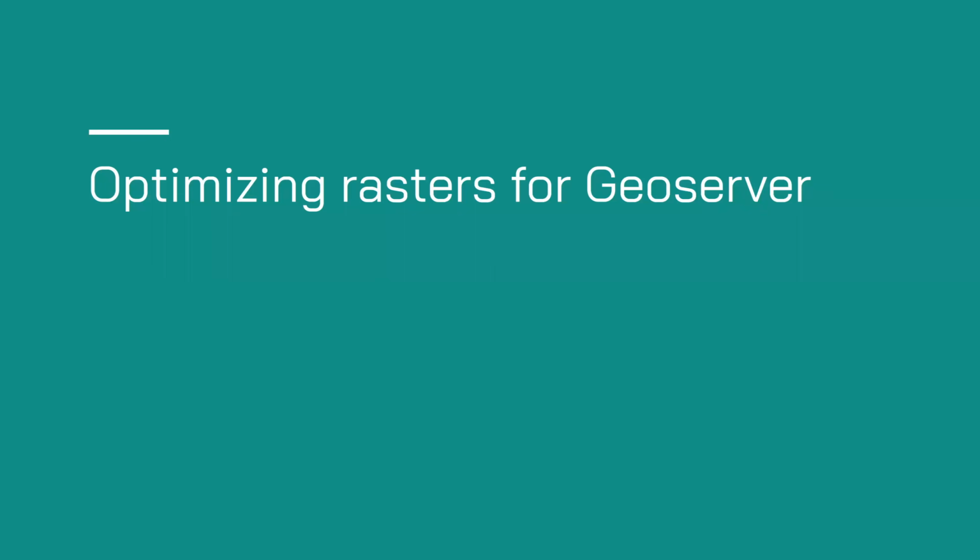All right. Now let's talk about the big question here. How do we optimize rasters for Geoserver? In this talk, I'm going to talk a lot about taking a series of tiles, and we're going to mosaic them together using GDAL, and then we're going to spit that out to the server and serve that through Geoserver. Now, of course, if you're an organization that's managing data for an entire country and you have these massive data sets, you're probably not going to mosaic them together.